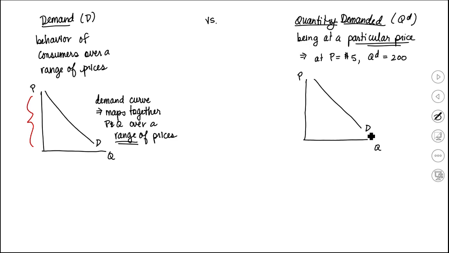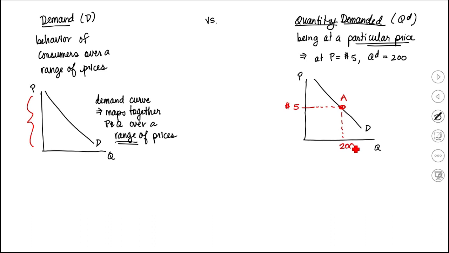All right, so how would I illustrate this situation where we're at a price of 5 and we know quantity demanded is 200? Well, at that point, we're at just one price, so price of 5, and that puts us on a point like, let's say, A. And at A, we can read that quantity demanded is 200.